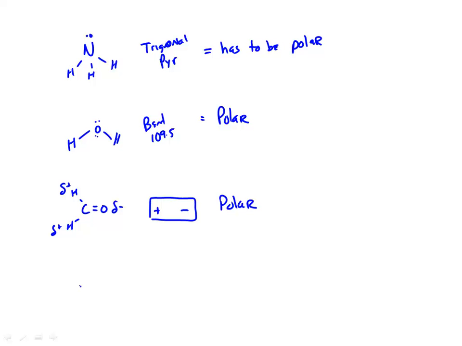But if you look at something like, say, well, I know this one violates the octet rule. But if you look at something like that, we're all the same. That's sort of saying that it looks like a magnet like this, where I've got a plus, plus, plus, and a minus. This is nonpolar. I mean, if you don't believe me, go ahead and build them.